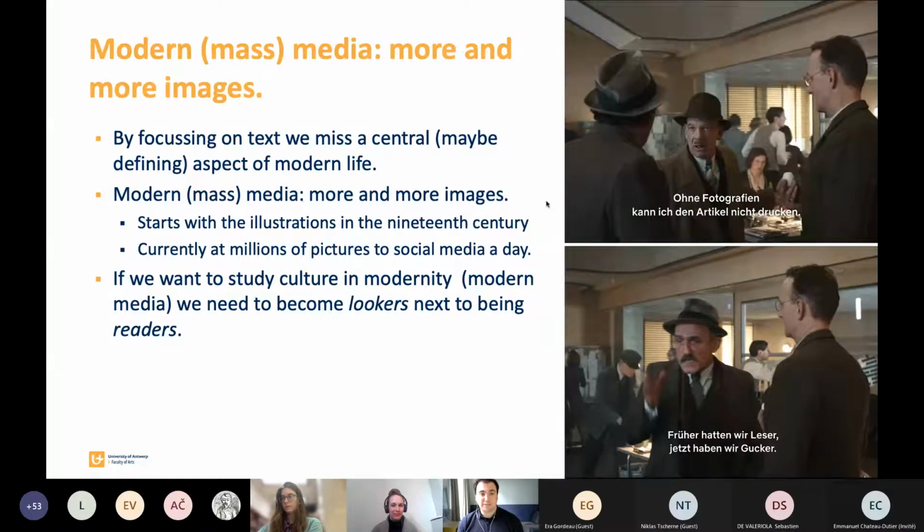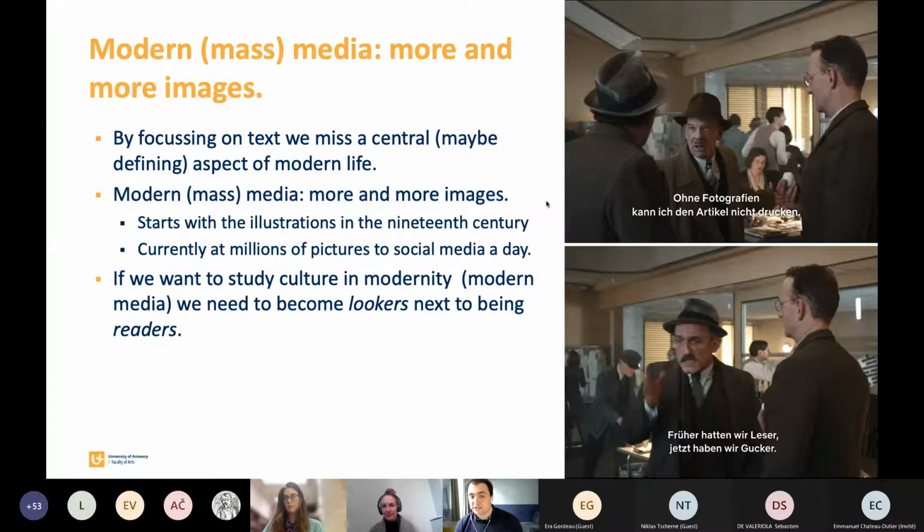Modern mass media includes more and more images, and that starts maybe with illustrations in the 19th century, but currently it stands at the millions of pictures all of us upload to social media every day, right? So modern life has become almost saturated with images, and we need ways to include those in our analysis.